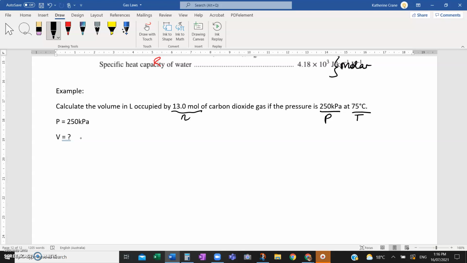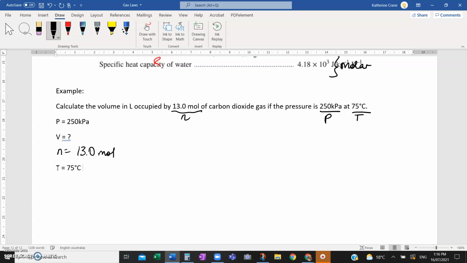Volume, we're looking for that. n is equal to 13.0 moles. And temperature equals 75 degrees Celsius.